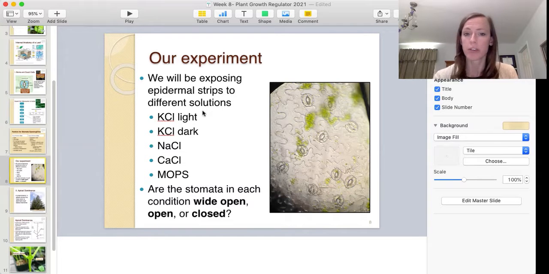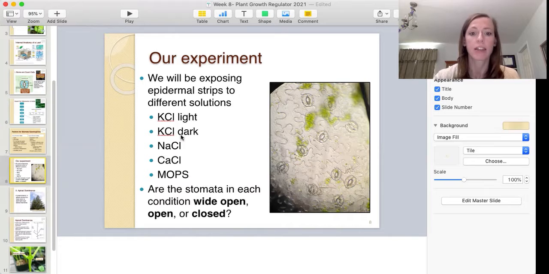The solutions we'll be using are potassium chloride in a lighted environment, potassium chloride in a dark environment, sodium chloride, calcium chloride, and MOPS. MOPS is just our buffer, so it's going to act as a control for us.